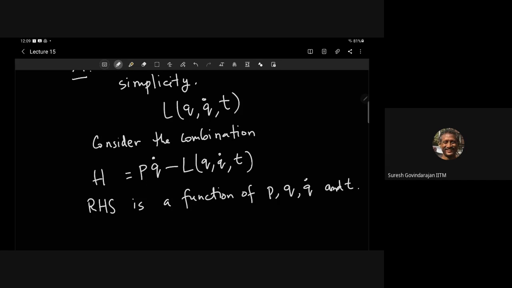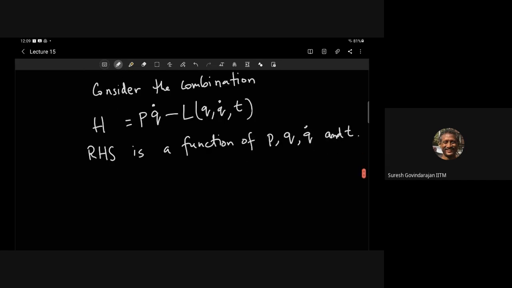Sir, what is p then here? p is nothing at this point. Eventually we will do something where we identify p with dL by dq dot. Okay, write this at this point.